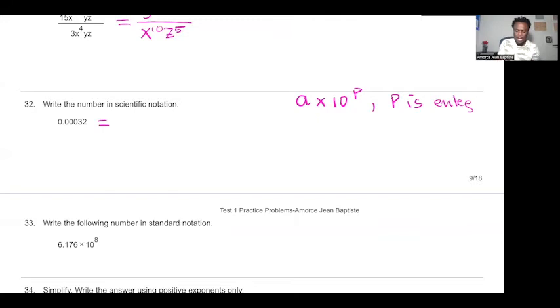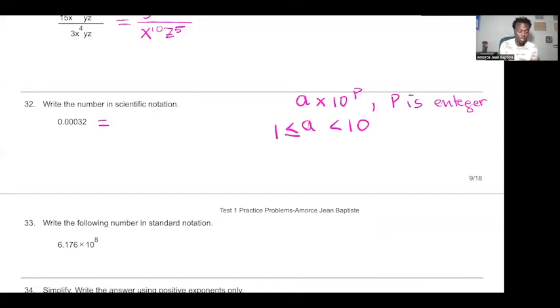And then a is a number that should always be less than 10, and the smallest it can be is 1. Now, if you have a number that is smaller than 1, you better play with it to make it between 10 and 1.